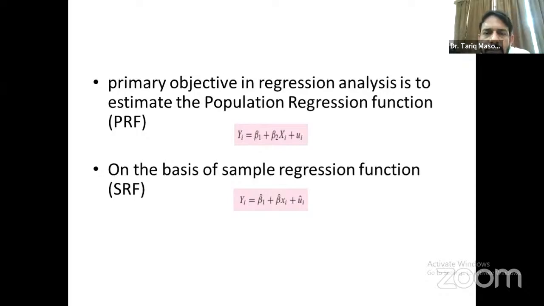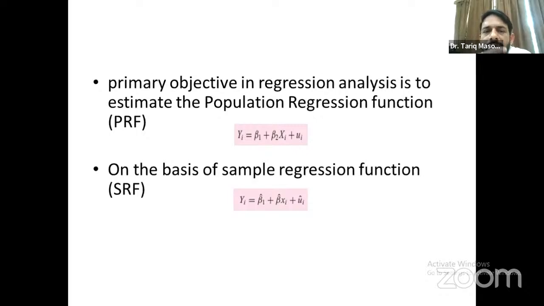The primary purpose, in exact form, is to estimate the population regression function. This first equation is the population regression function: Yi is equal to beta 1 plus beta 2 xi plus ui. This is known as the population regression function.